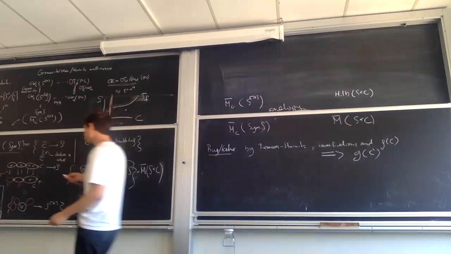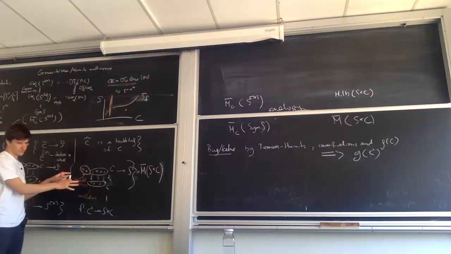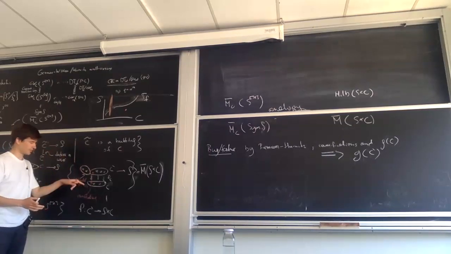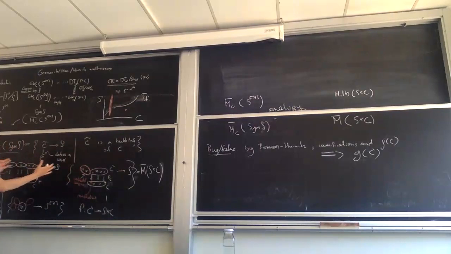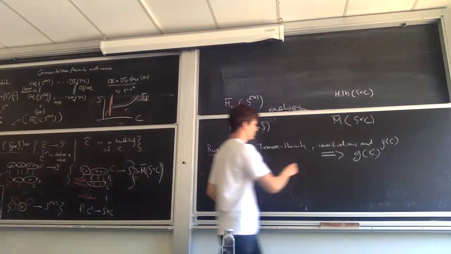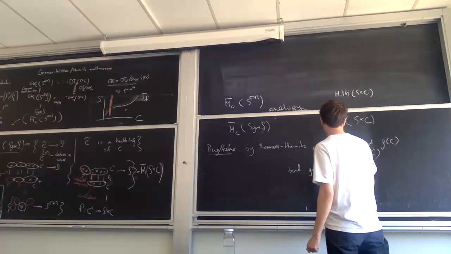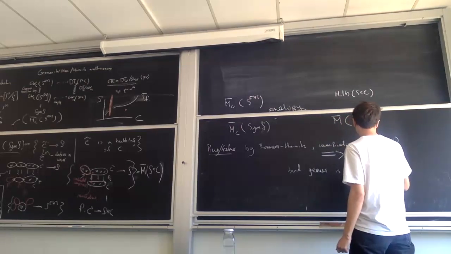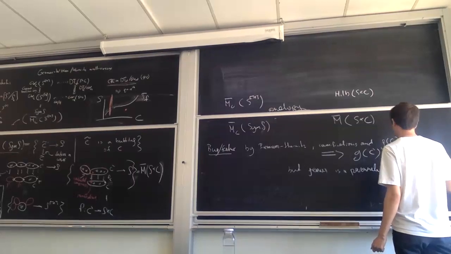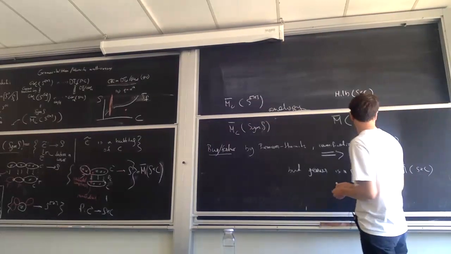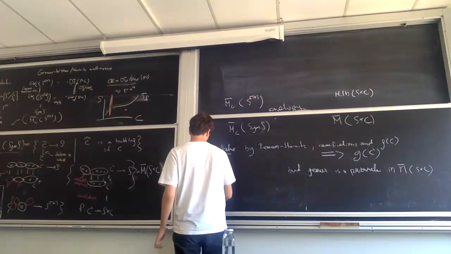Because I always said that this is unramified, while here, when I moved to this situation, I said that you can have arbitrary genus mapping to C. So genus is automatically a parameter here, a parameter in M_S times C. So we have to allow simple ramifications as well.